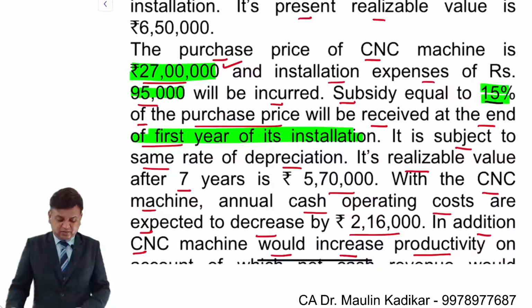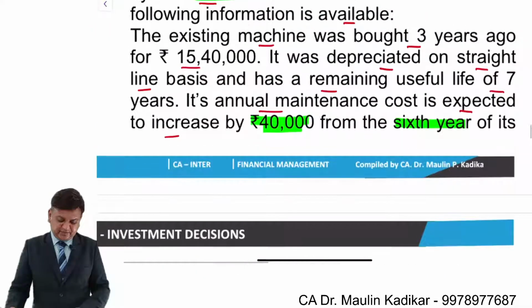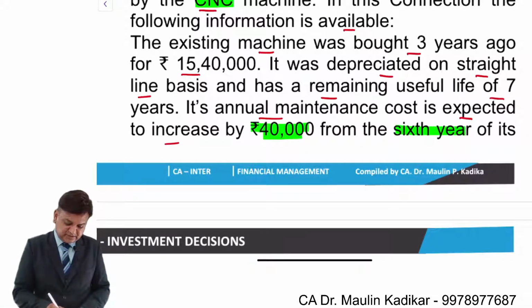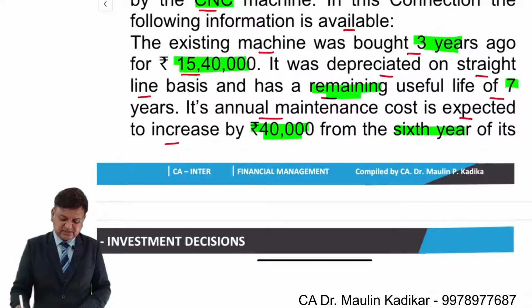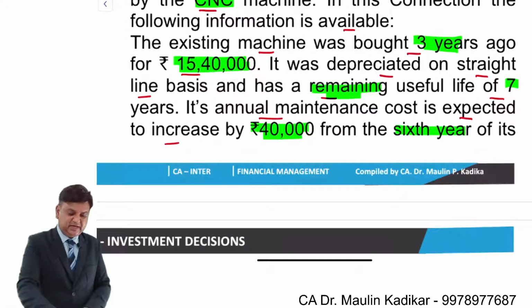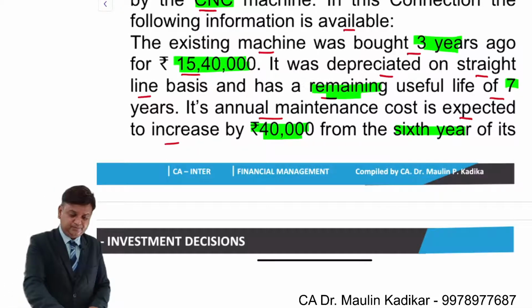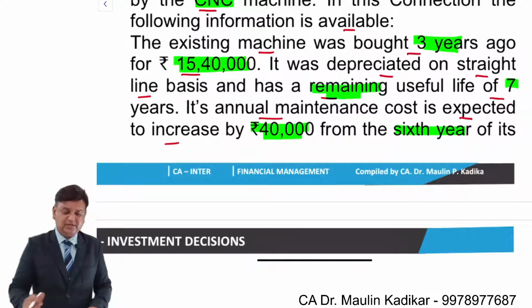Further importantly, we have been provided with the information that as far as the existing machinery is concerned, it was purchased for 15,40,000 before 3 years and it has the remaining life of 7 years. So 15,40,000 divided by 10, 1,54,000 is the depreciation that we must have claimed each year for 3 years. So the total amount of depreciation that we would have claimed is 4,62,000. That is deducted from 15,40,000.